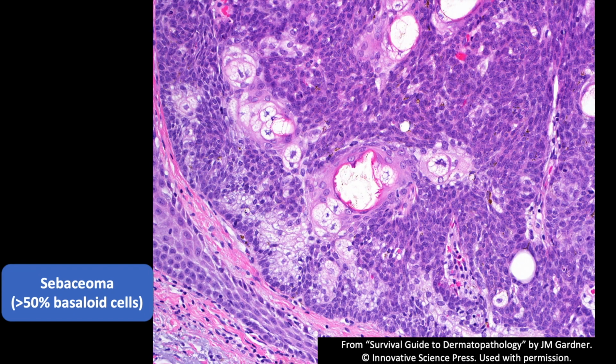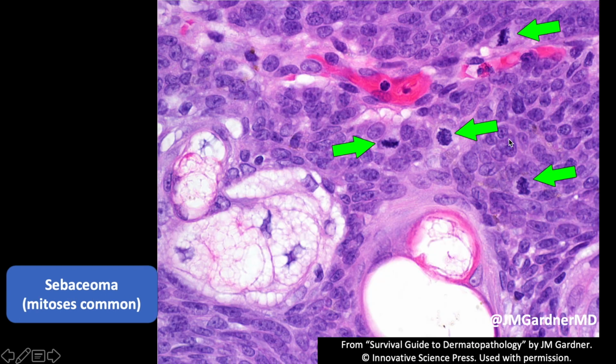And there's a closer look. Again, you can see obvious sebocytes here, and then these blue basaloid germinative cells in the background. Now, I want to point out that mitotic figures I find almost always in sebaceomas, and again in sebaceous adenomas too. So by itself, mitoses don't worry me.